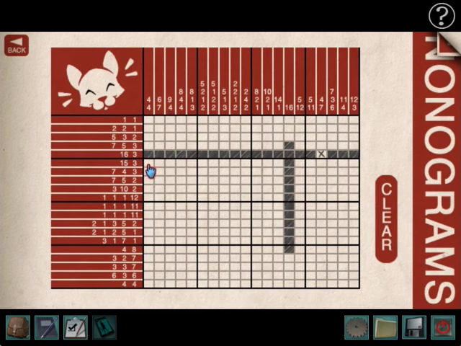15 and 3, though. We can do either that way, or we could go the other way. But either way, those have to be filled in, right?